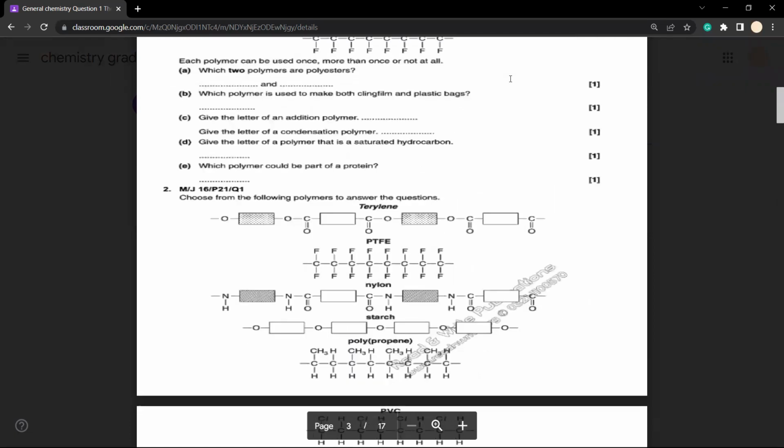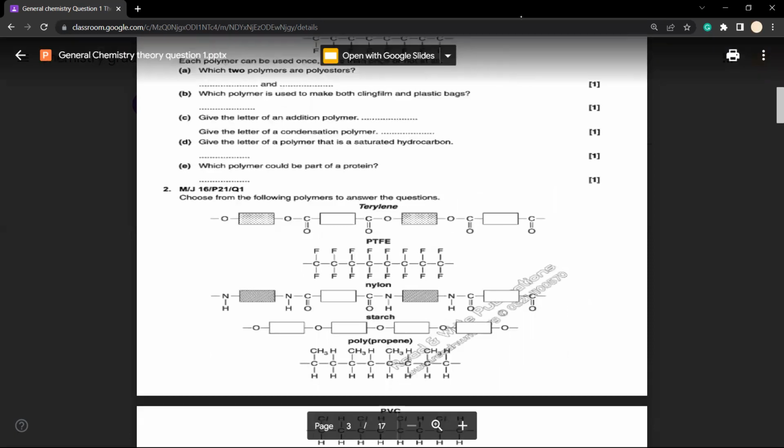Coming to part B, which polymer is used to make both cling films and plastic? Now, as I already told you when I was explaining, addition polymers are generally known as plastics. Addition polymers are those where you don't see the ester linkage or the amide linkage.